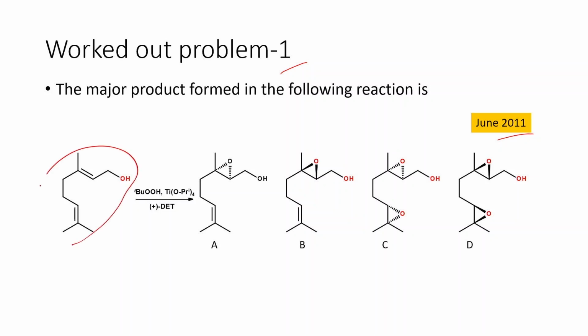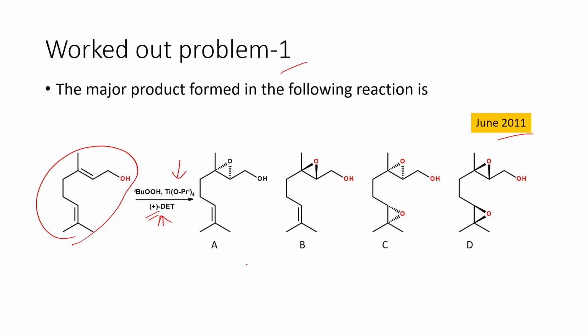We have an allylic alcohol that is given here, and this is treated with tertiary butyl hydrogen peroxide in the presence of titanium isopropoxide, and the diethyl tartrate is a chiral induction ligand that is used in this reaction, and the plus enantiomer is used in this particular reaction.